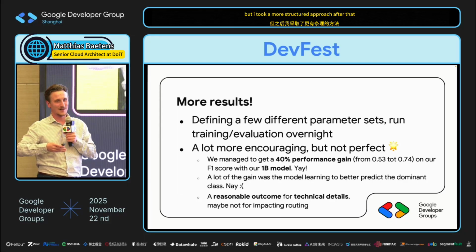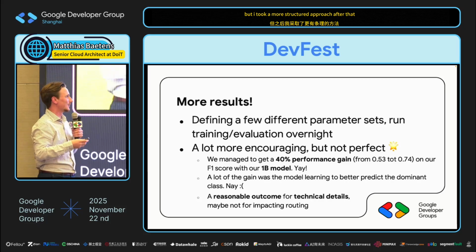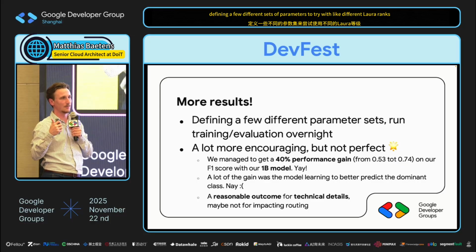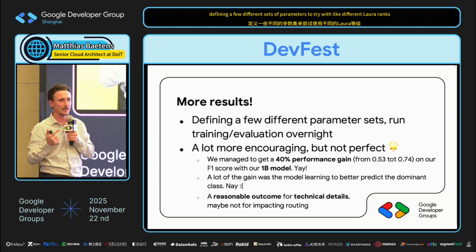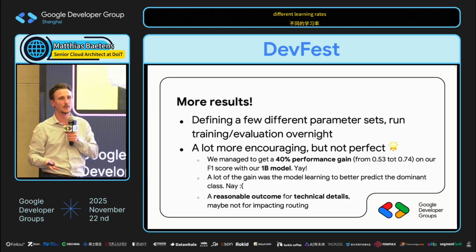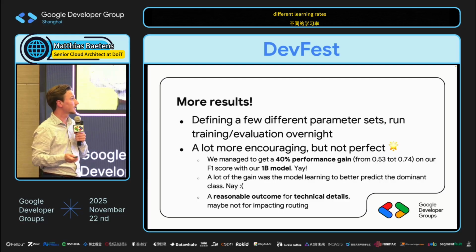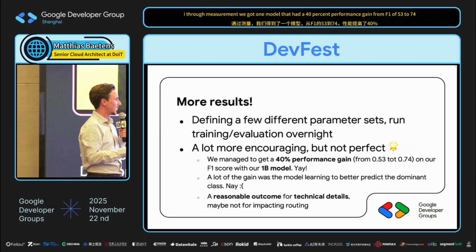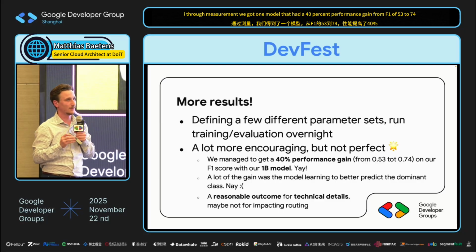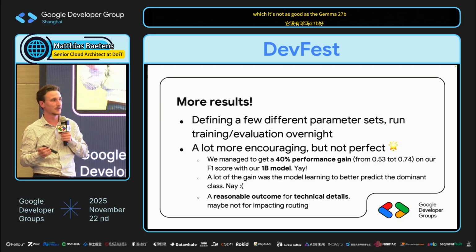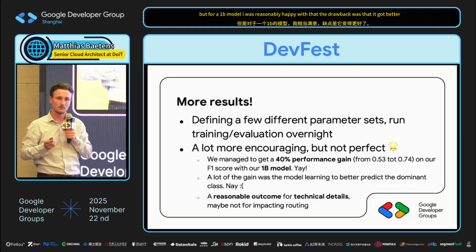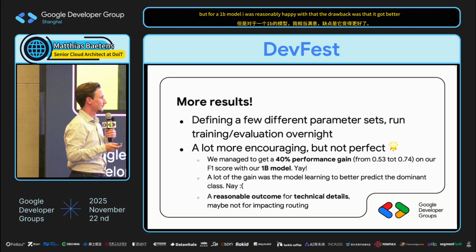But I took a more structured approach after that, defining a few different sets of parameters to try, like different LoRA ranks, different numbers of epochs, different learning rates. At the end, through measurement, we got one model that had a 40% performance gain, from F1 of 53 to 74, which is not as good as the Gemma 27B, but for a 1B model, I was reasonably happy with that.